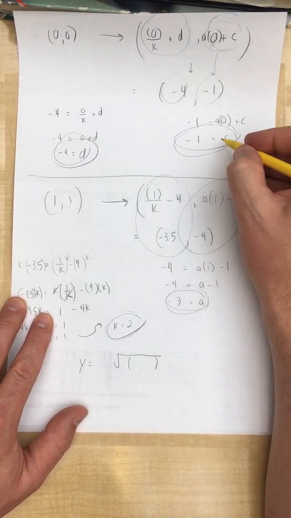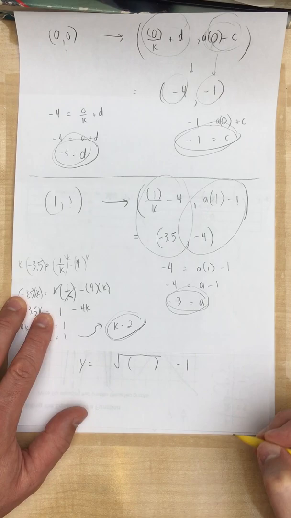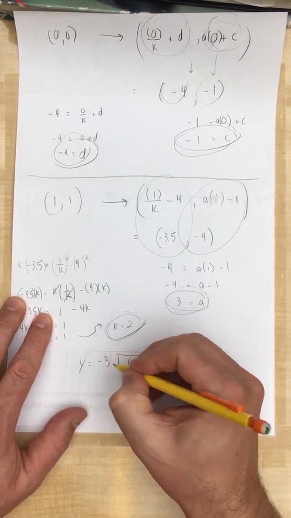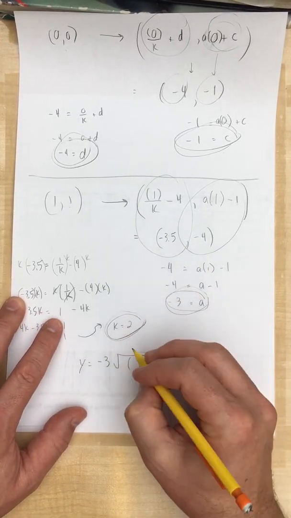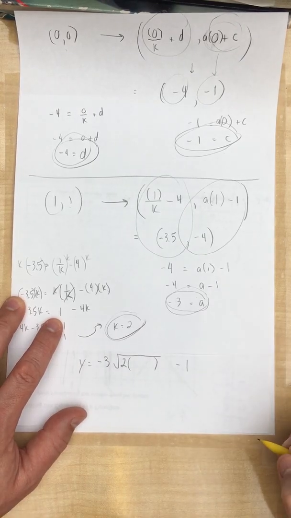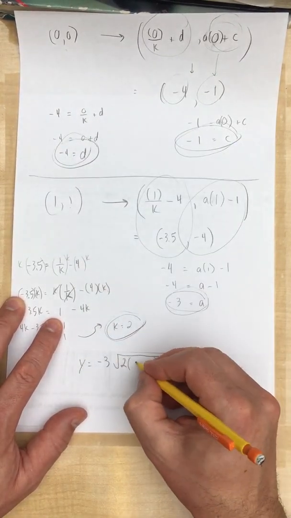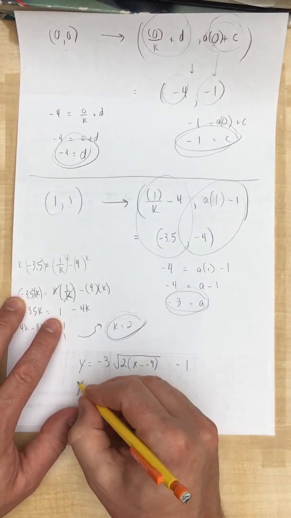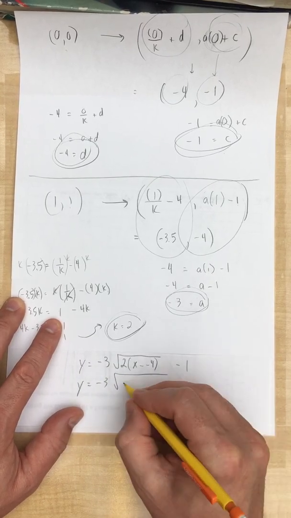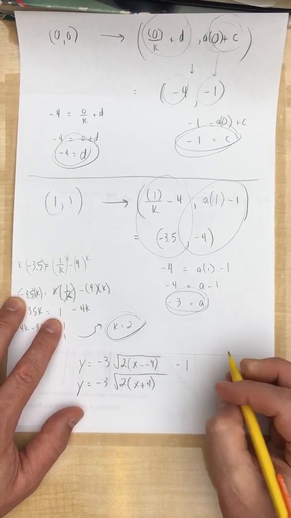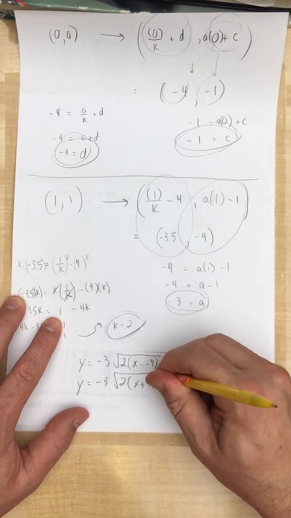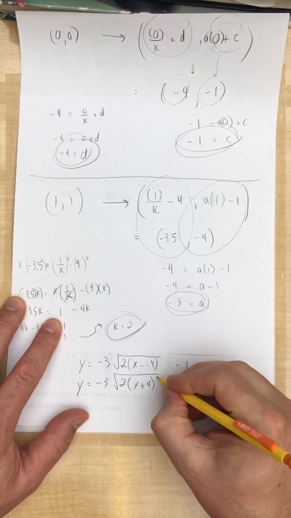My c is going to go out here at minus 1. My a is going to go up front here at negative 3. My k is going to go over here at 2. And then my d value is going to be x minus minus 4, or negative 3 times the square root of 2 times x plus 4, minus 1. I'll just have to close off my square root.